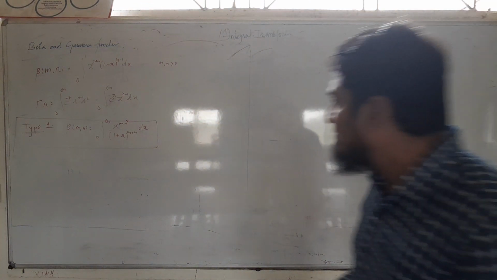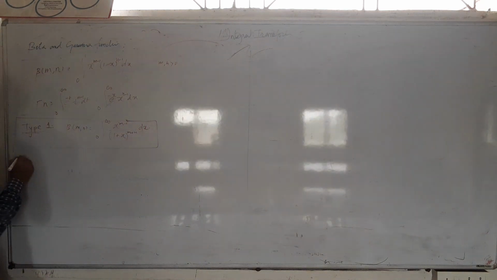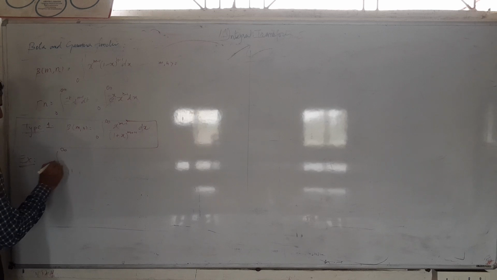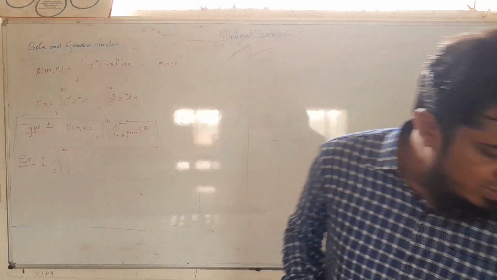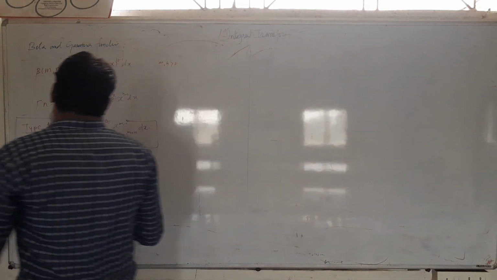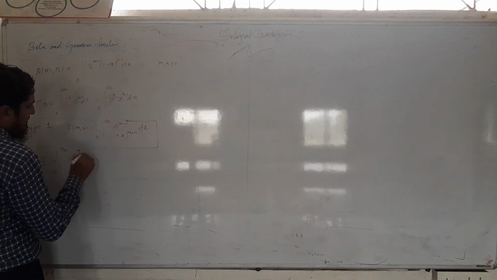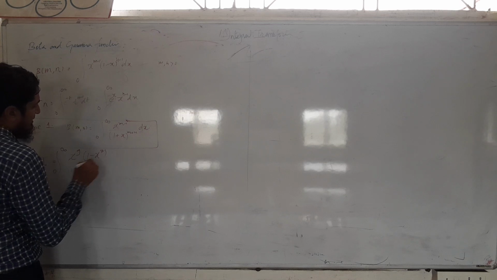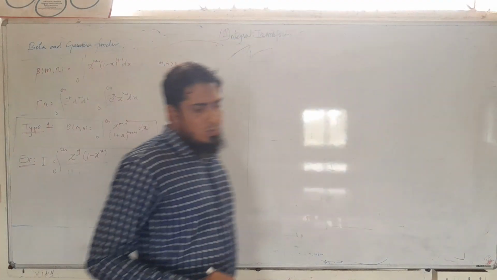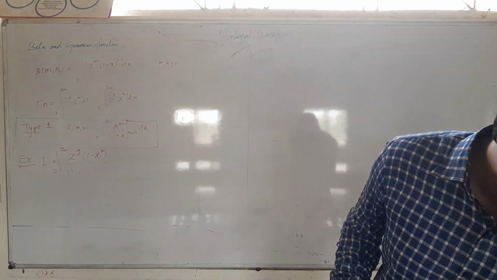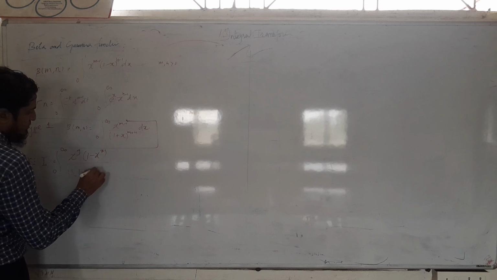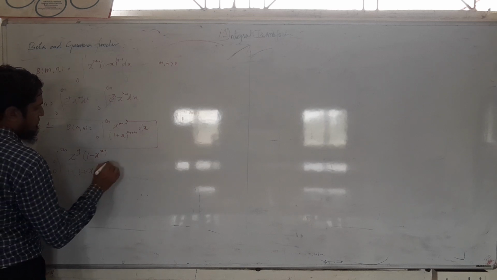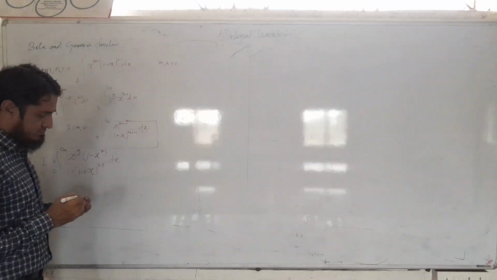An example is as follows: we may consider this as I, the integration from 0 to infinity of x raised to 9 times (1 minus x raised to 7) upon (1 plus x) raised to 27 dx.